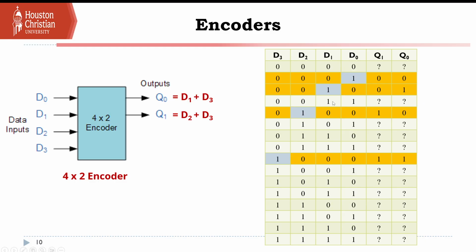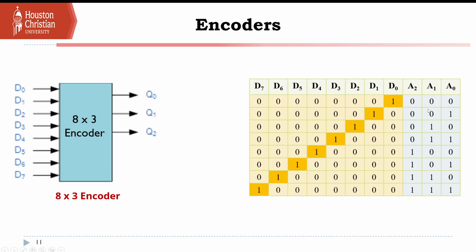Now look over here. Q0 is D1 or D3. D1 is 1, D3 is 0, so this will give you 1, and this will give you 0. And you fill it out with the rest.